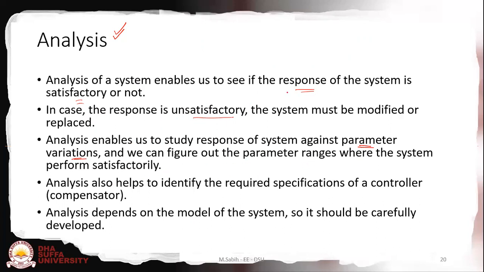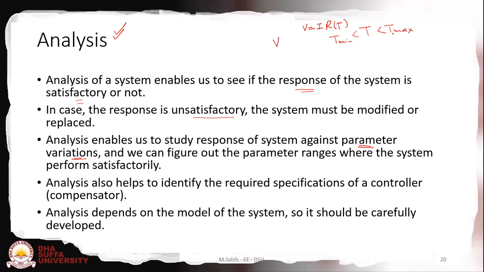For example, in the case of V equals I R(T), which is temperature dependent, we can make an analysis and figure out the temperature range from T minimum to T maximum for which the voltage will be in the proper range.